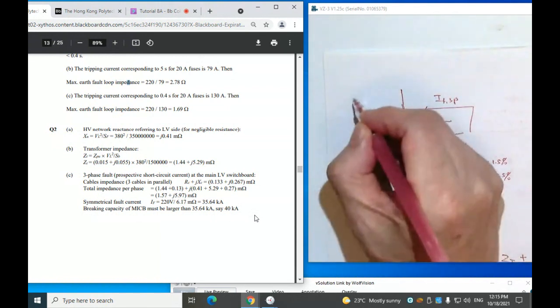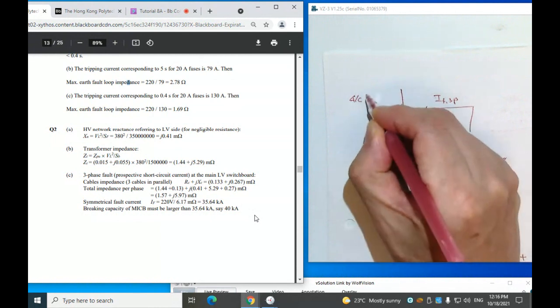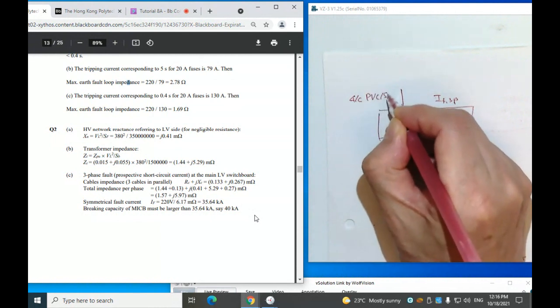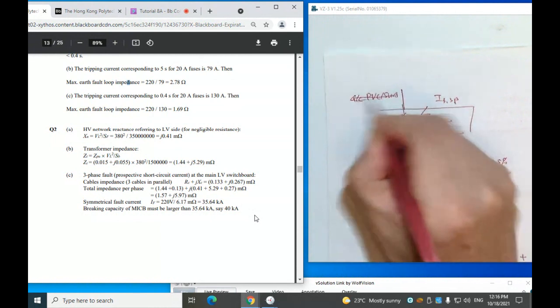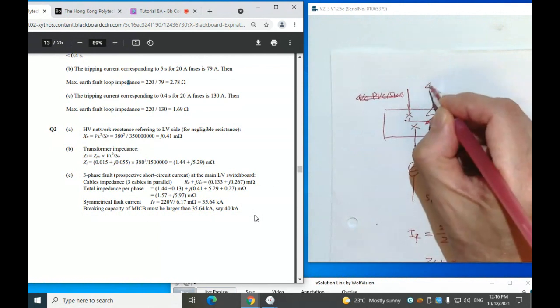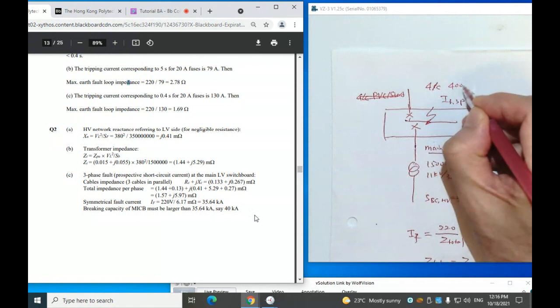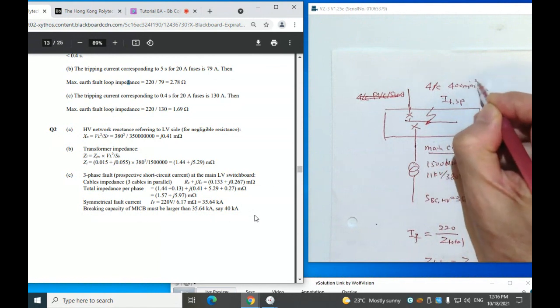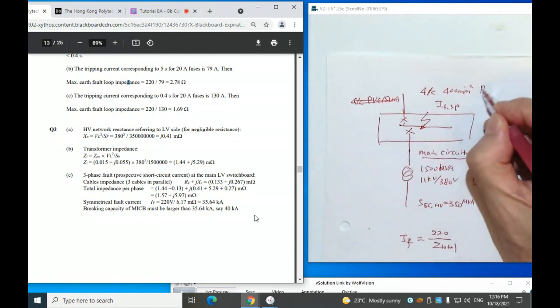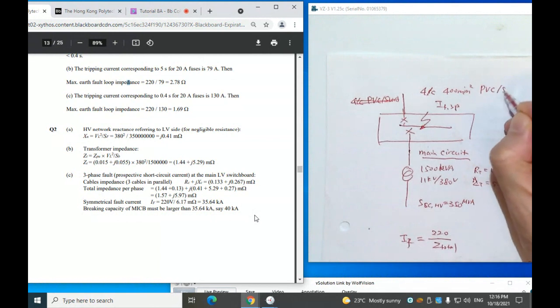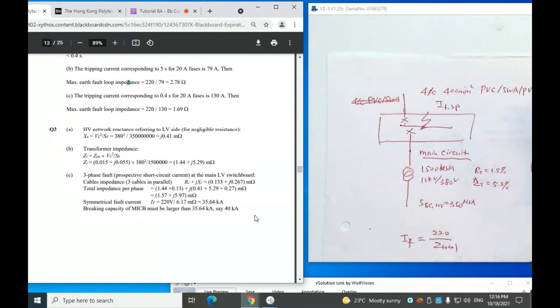This one is made by 4-core 400 mm square PVC steel wire armor PVC cable.